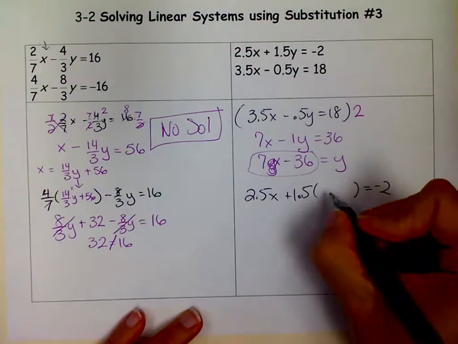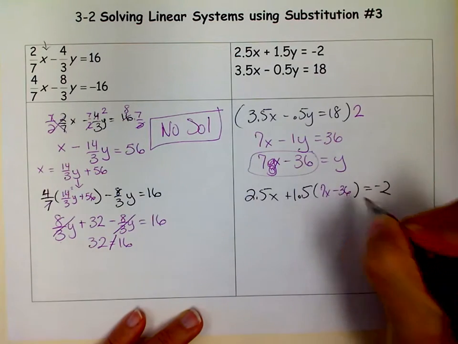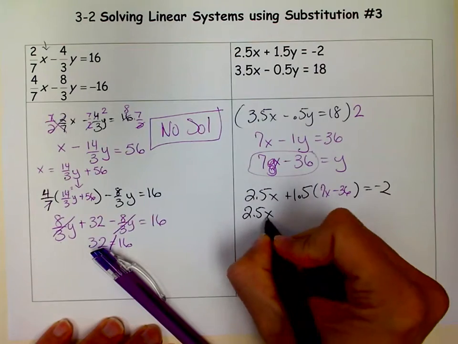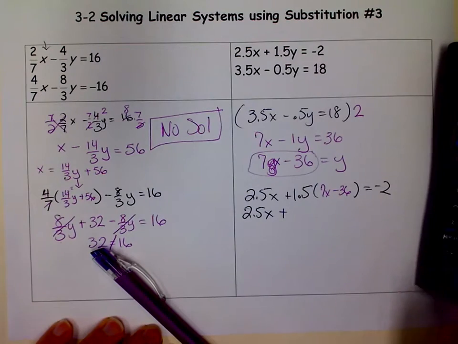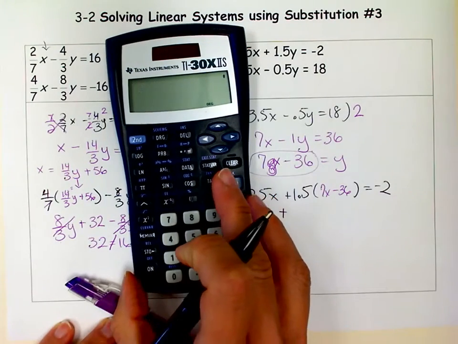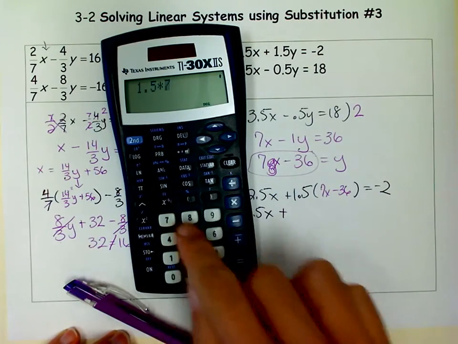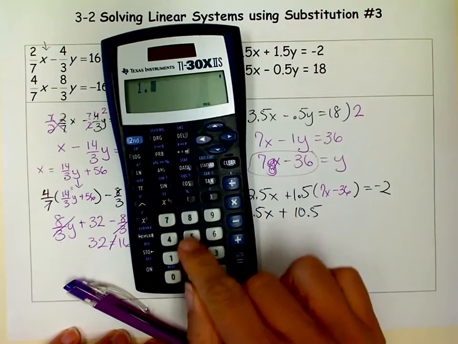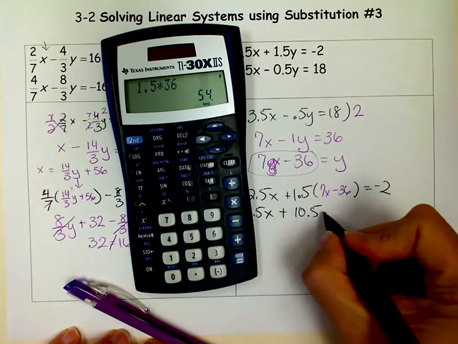So I'm going to put that 7x minus 36. So I get 2.5x plus, and then if you want to use your nifty little calculator, let's see if I can put it over here where you can actually see it. 1.5 times 7 is 10.5, and 1.5 times 36 is 54.